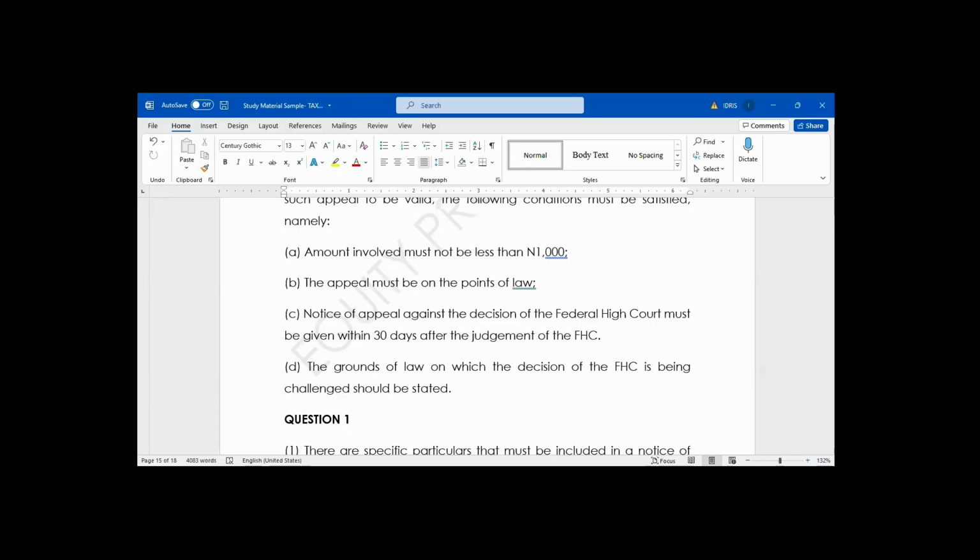From the tax appeal tribunal, Federal High Court. From the Federal High Court to where? Court of Appeal. From the Court of Appeal to where? Supreme Court. So, ladies and gentlemen, this is all we need to know on tax assessment.